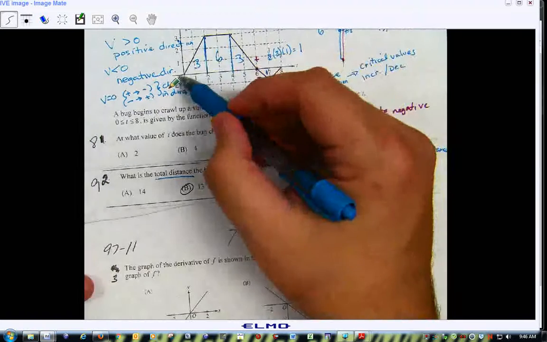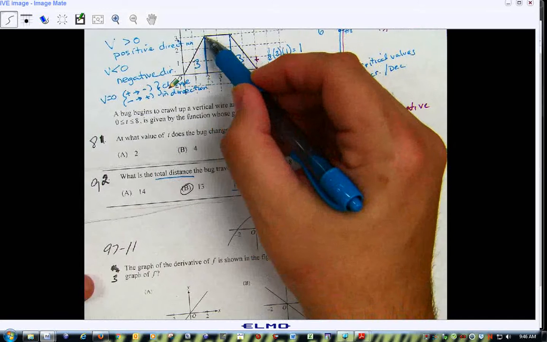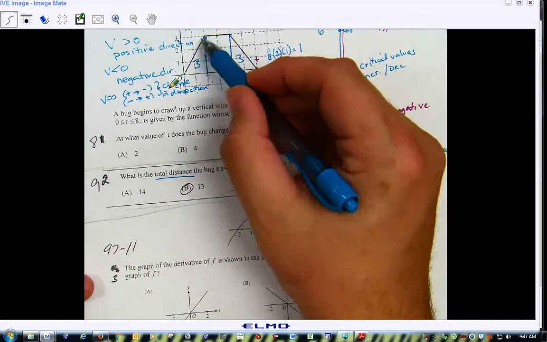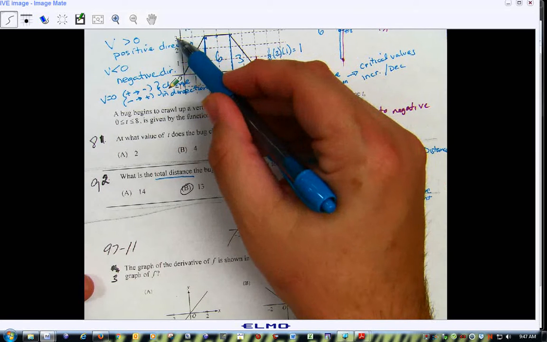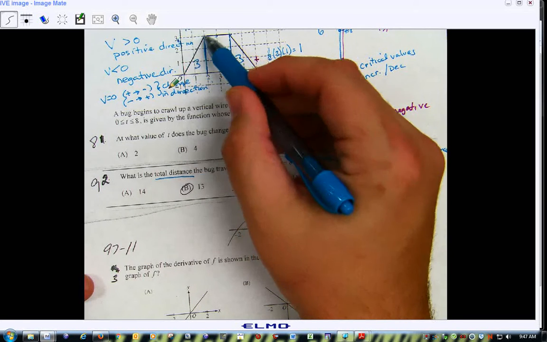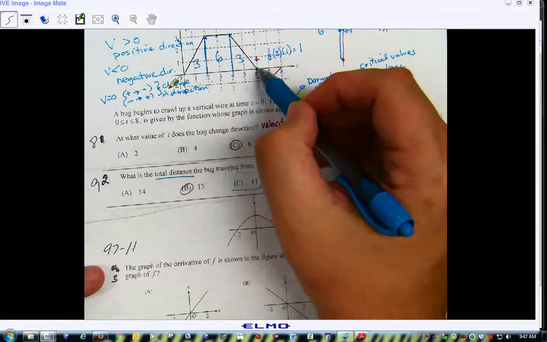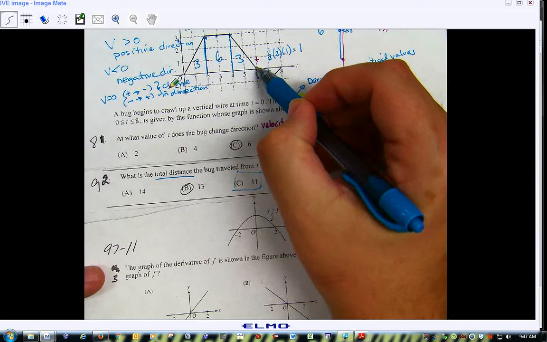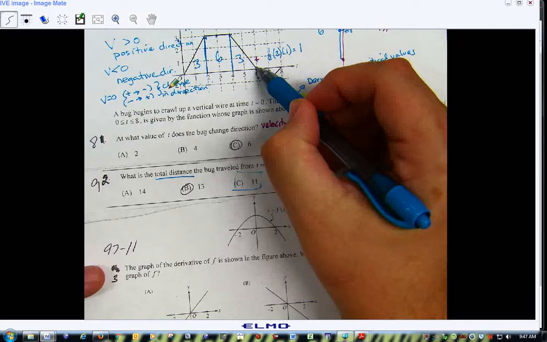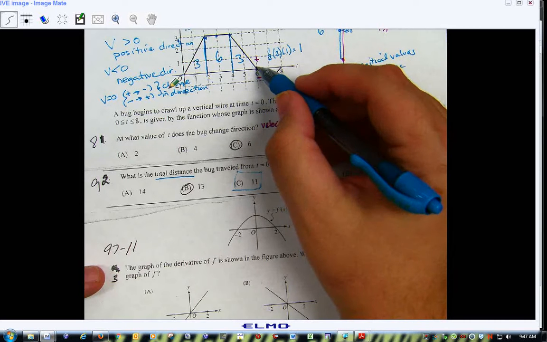And then at 3 seconds, he went 3 more because his velocity was 3. So he went from 0 to 3, from 3 to 6, 6 to 9, 9 to 12, and then he went from 12 back down to 11.